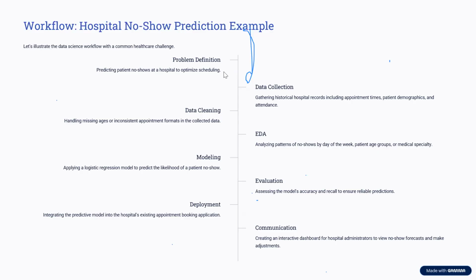You remember when we explained problem definition, we said that it tells you the objective and then the scope. What is your objective? To optimize scheduling, knowing the no-shows and then optimizing the schedule. And the scope is the hospital. So this is a good example.